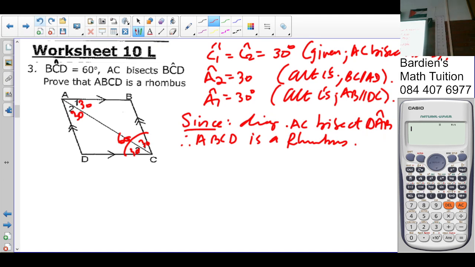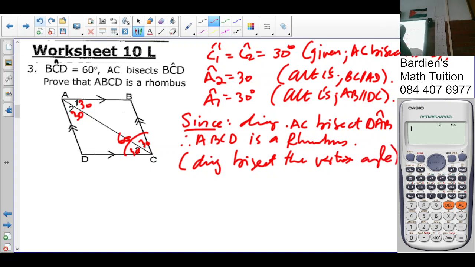Why? Because the diagonal bisects the vertex angle, and also the fact that it's a parallelogram, with those opposite sides being parallel as well. I think it should have been fair for us rather to open up with the fact that ABCD is a parallelogram as well.